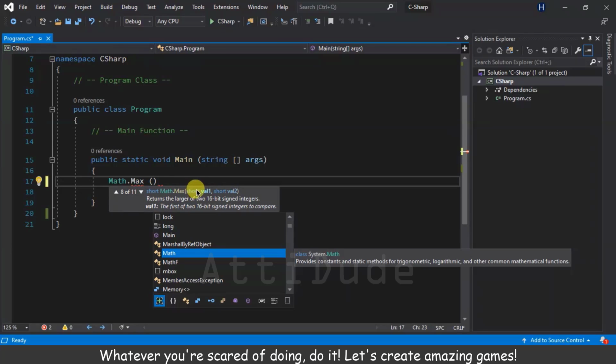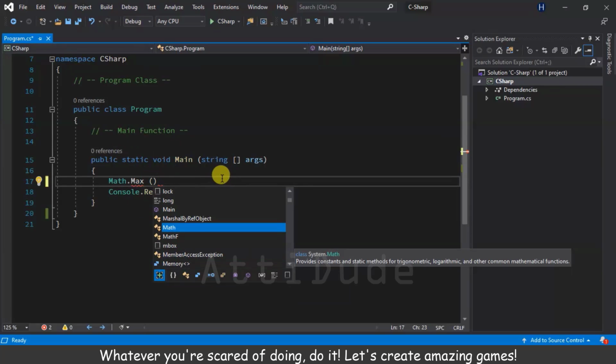SByte means signed byte, short, UInt, ULong, UShort, and again round to byte. As you can see, you get almost like 11 different variable types.